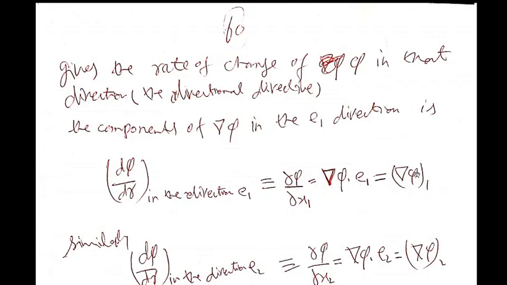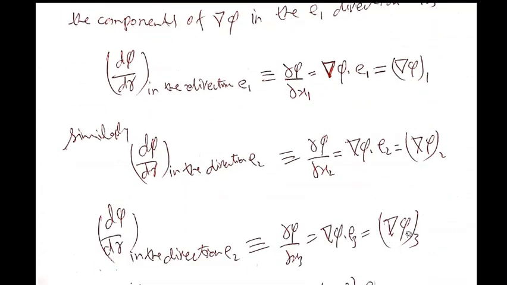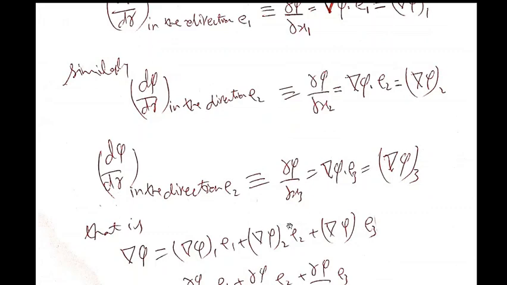So we can write this first component. Then similarly the second component, del phi dot e2, will be partial phi partial x2, and in the same way we have the third component, partial phi partial x3. This is the derivative of phi in direction e3.